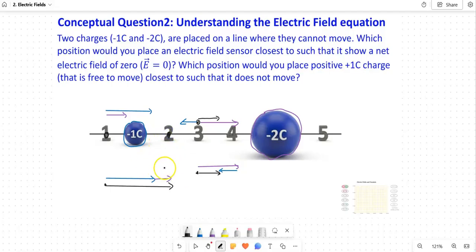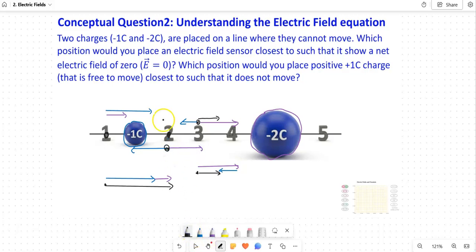So if you put a field sensor there, that field sensor is going to have an electric field pointed towards that negative 1 Coulomb charge, which will be large, and it'll be large due to that other negative 2 Coulomb charge.